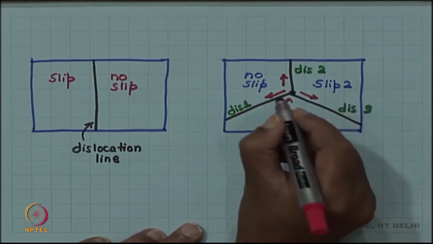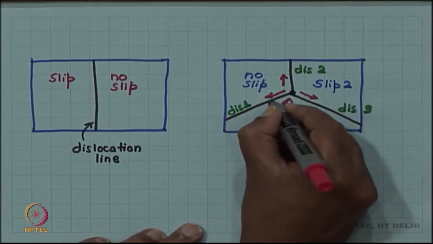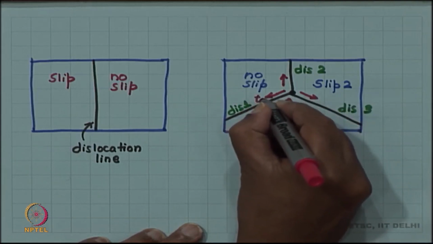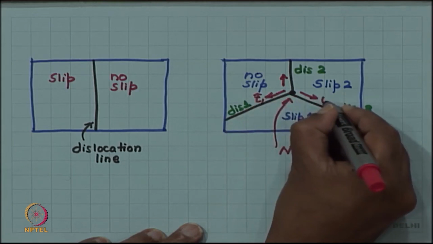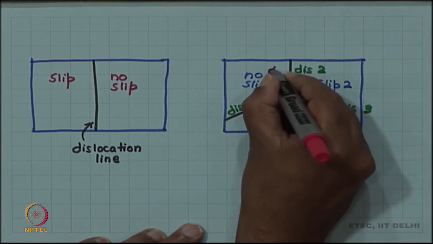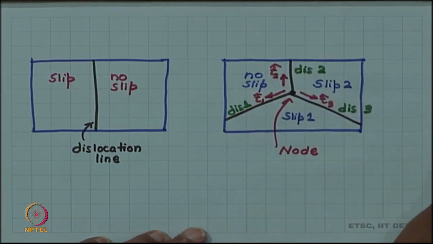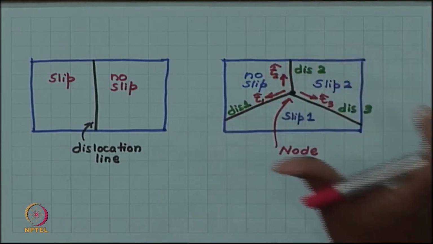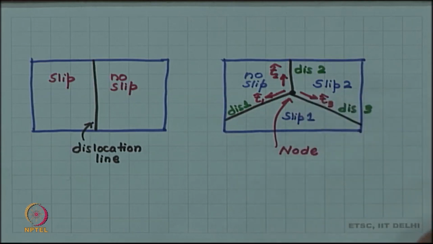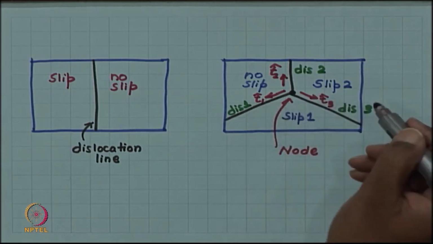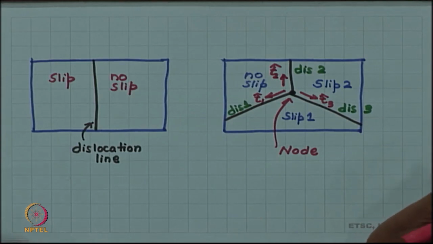So, let me take all the line vectors, T1, T2, sorry T3 and T2, coming out of the node. I could have taken all of them inside the node also.